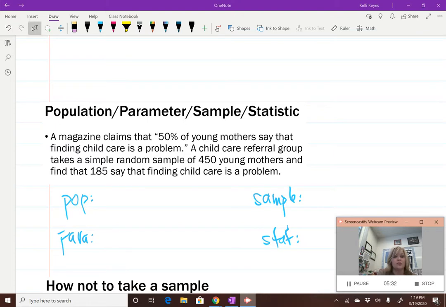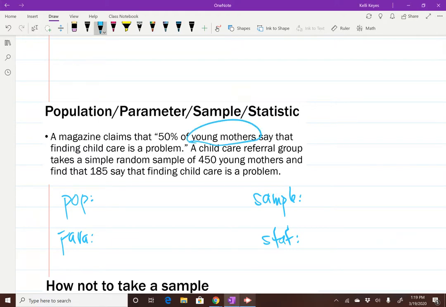All right, so hopefully you've answered this. The population should be young mothers. Looks like that's what they're looking at. Not the old moms like me, just the young ones. Okay, and then the parameter would be what describes the population.